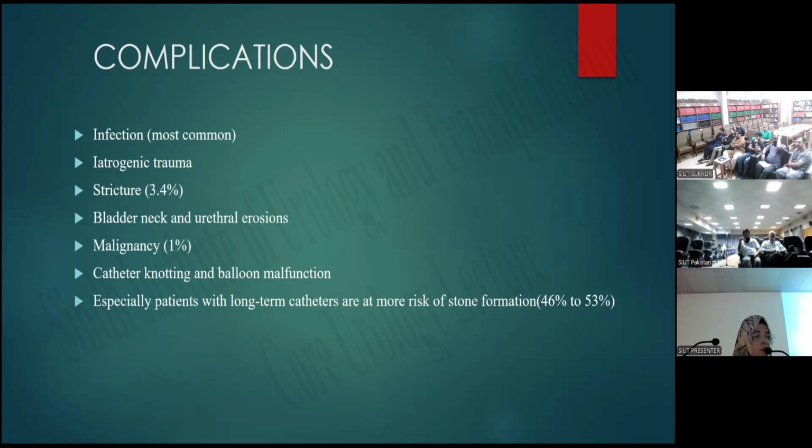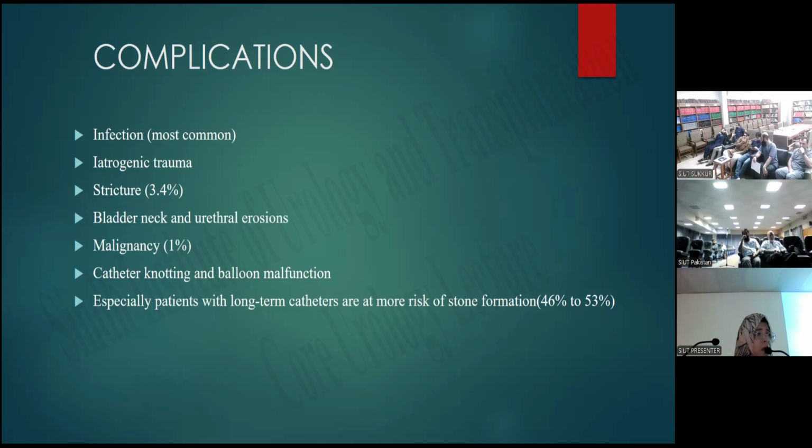The other complication is catheter knotting and balloon malfunction. You know about catheter knotting: if the catheter has passed beyond the bladder neck, then it's a very rare complication that the catheter knot will occur. It will make it difficult for the balloon to be deflated in future, and for that you pass the guide wire through the outflow channel to deflate the balloon.